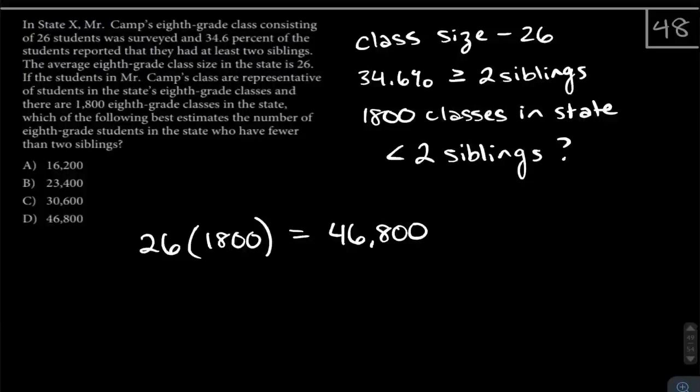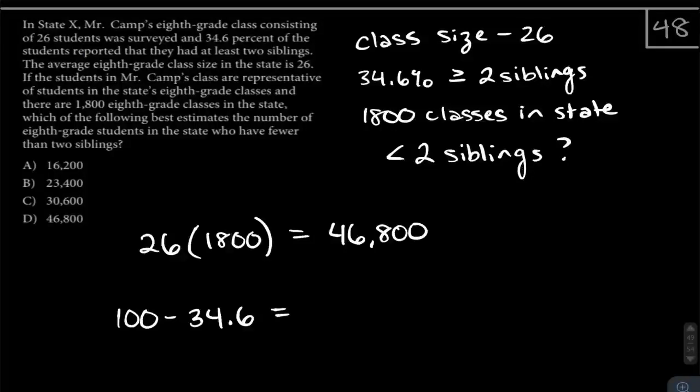Now that you have this, we know that 34.6% of them have greater than or equal to 2 siblings, or at least 2 siblings. So how many have less than 2 siblings? Well, that's going to be 100 minus 34.6%.